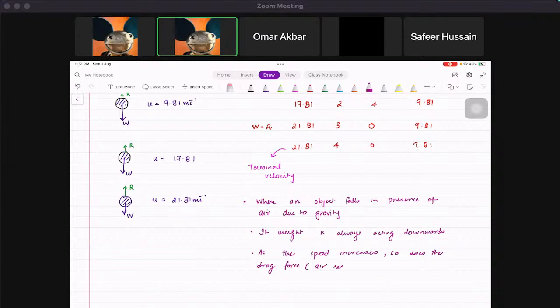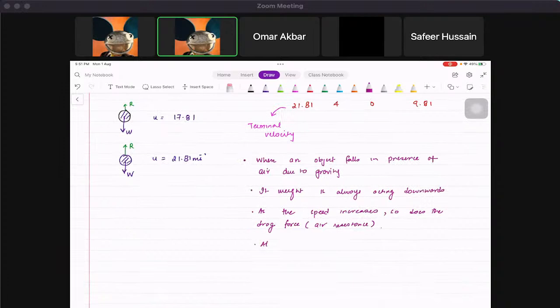At the point where air resistance and weight become equal, the acceleration of the body is zero.